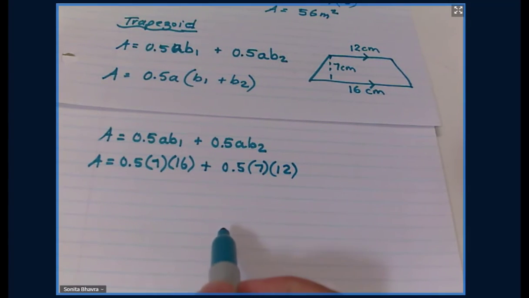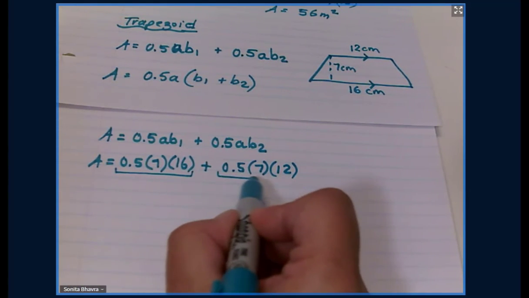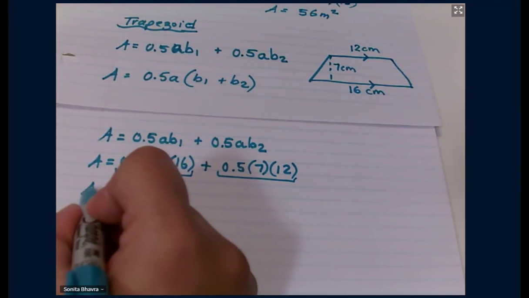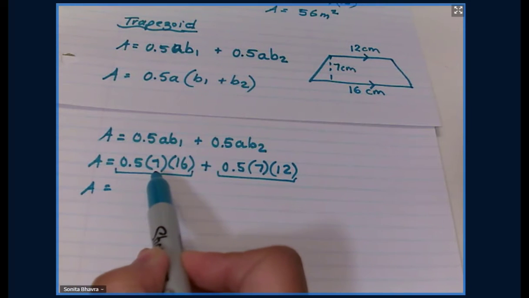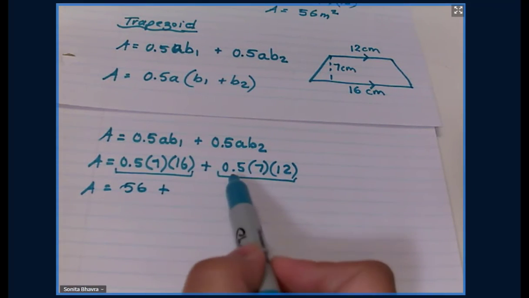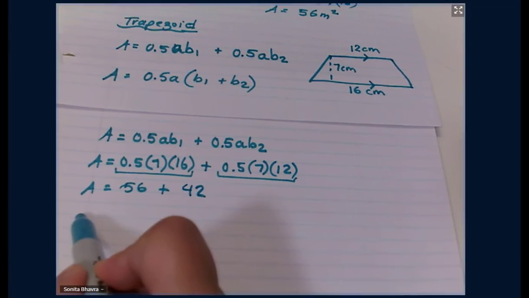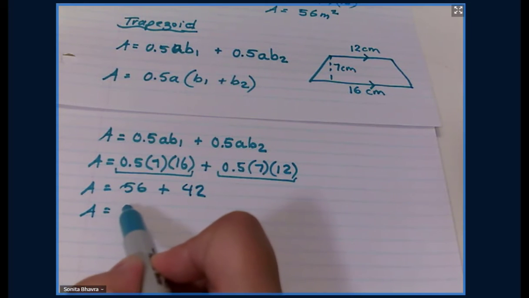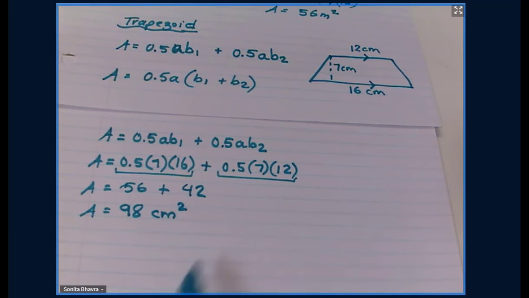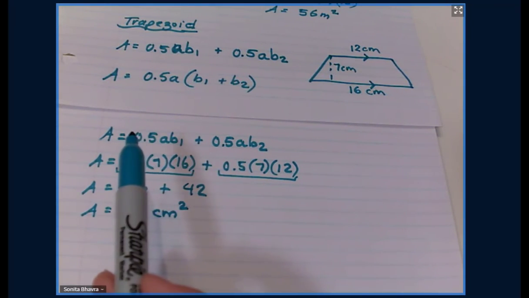All right, so using BEDMAS, make sure you multiply this and multiply this out, and then add them together. So area here, 0.5 times 7 times 16, that is 56, plus 0.5 times 7 times 12, that is 42. Then we add those together to give 98 centimeters squared. All right, so that was using formula 1.